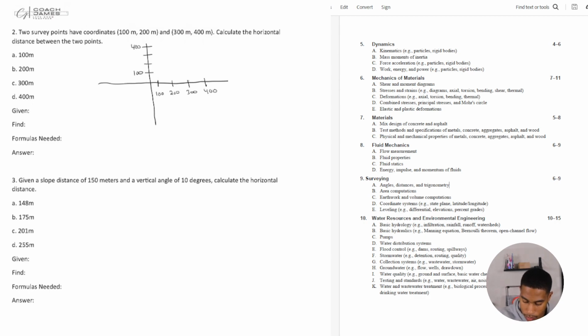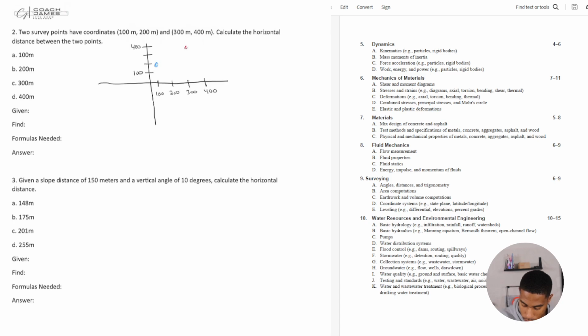So one of the points is at 100, 200, and then we have another point, marked in red. It's 300, 400.